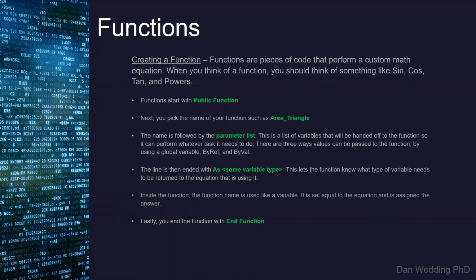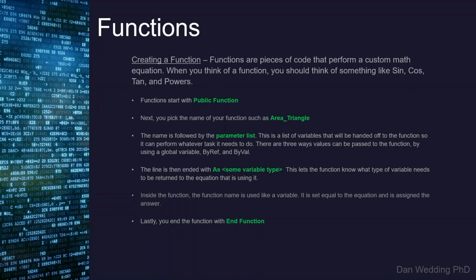This is a list of variables that need to be handed off to the function so it can perform whatever task it needs to do. There are three ways that values can be passed to the function: by using a global variable, ByRef, and ByVal. The line is then ended with as some variable type. This lets the function know what type of variable needs to be returned to the equation that is using it.